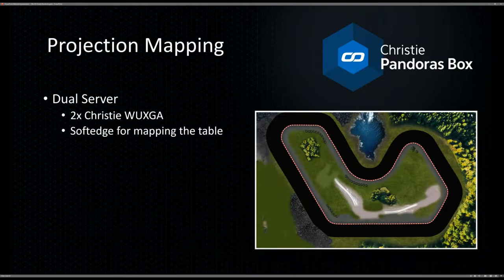So it's a soft edge setup. The soft edge was kind of the size of this lake here in this example for the texture. We used that texture, made some warpings to adjust it correctly and to fit it on the table.